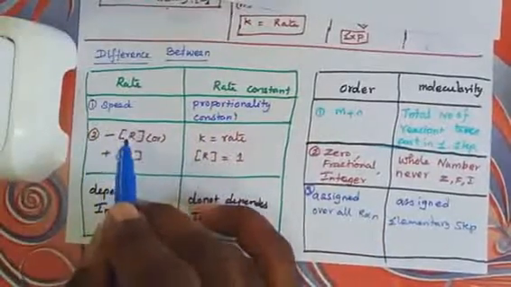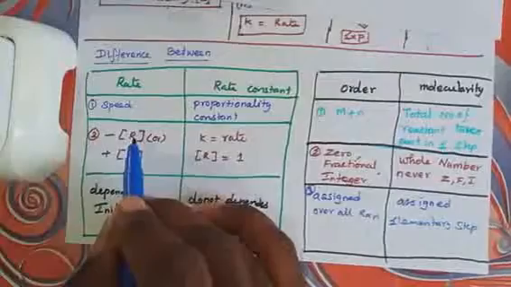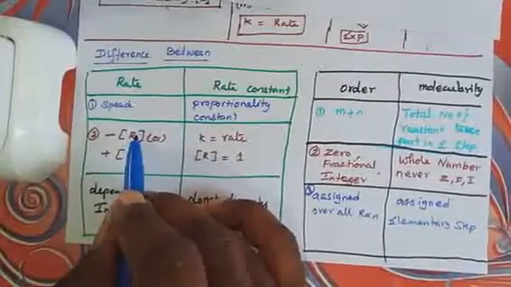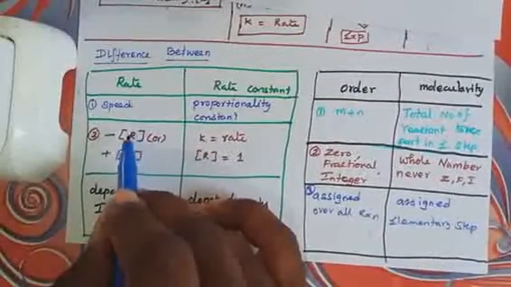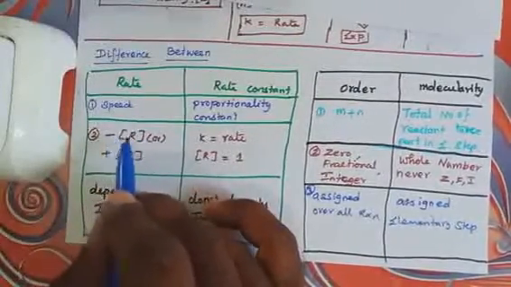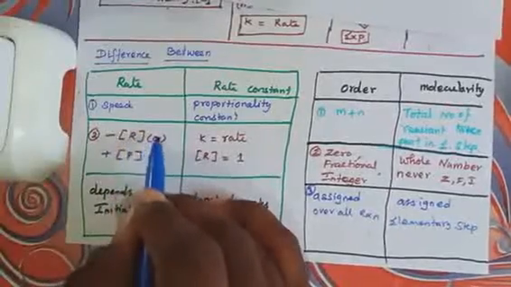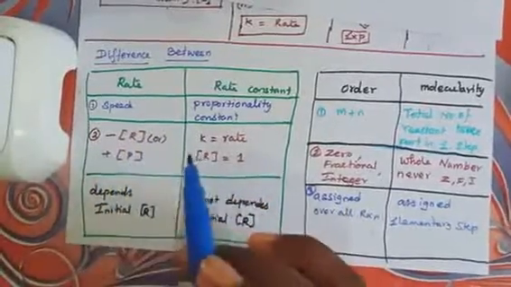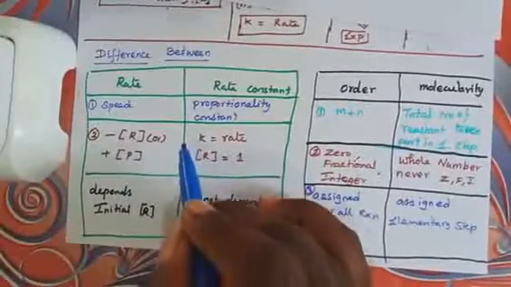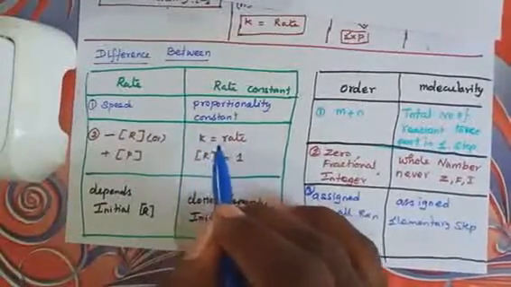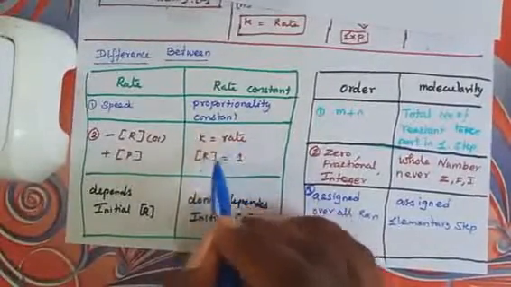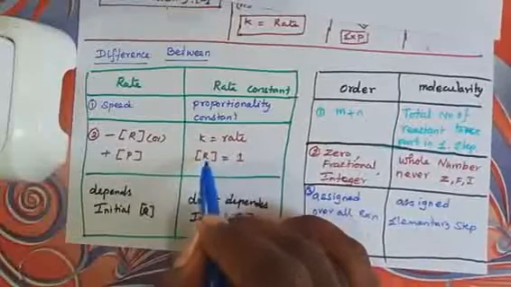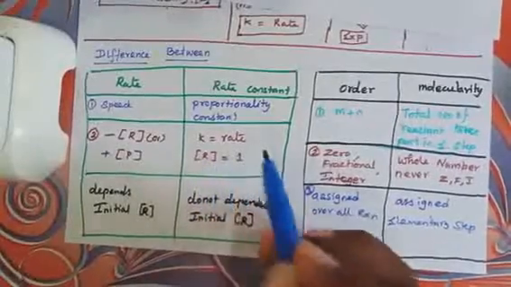Point number 2: rate is measured as the decrease in concentration of the reactants or the increase in concentration of the products. But the rate constant is equal to the rate when the concentration of the reactants is unity.